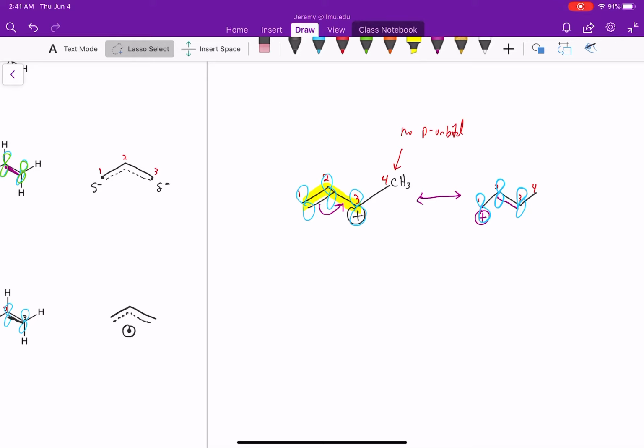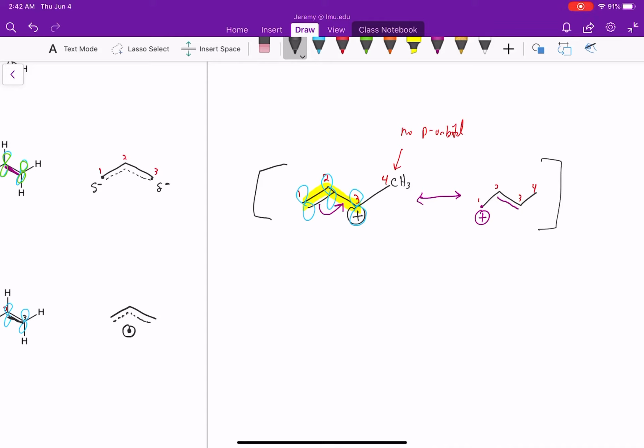All right. So let me get rid of these. So what I want to do is now compare these structures. So we have two resonance structures, right? We could draw a resonance hybrid, but I'm not going to do that. But what I want to talk about is that these two resonance structures are not equal in terms of where the electron density is, right?